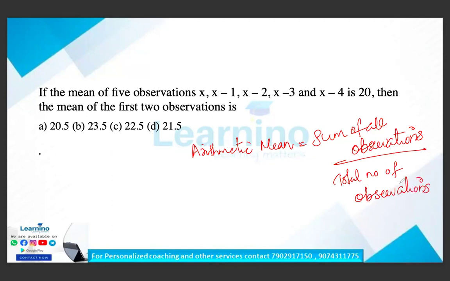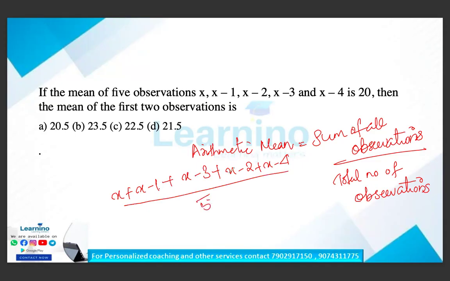So x plus x minus 1 plus x minus 2 plus x minus 3 plus x minus 4 divided by 5 equal to 20. So 5x minus 10 equal to 100. 5x equal to 110. X equal to 22.